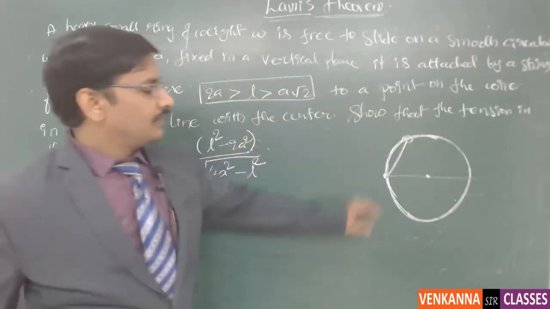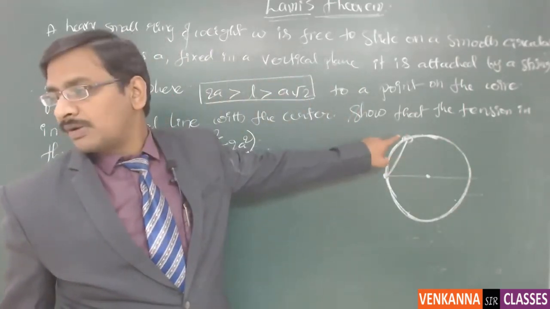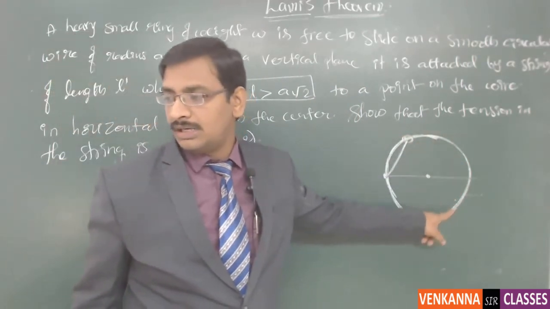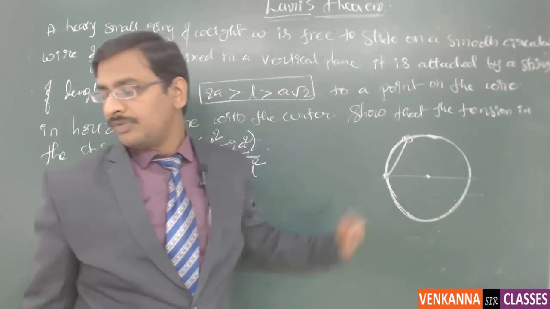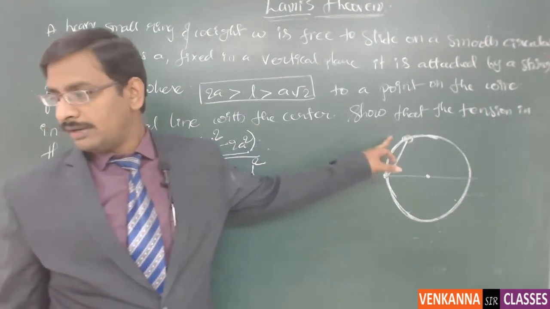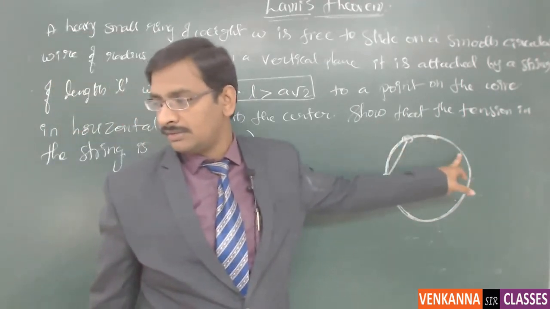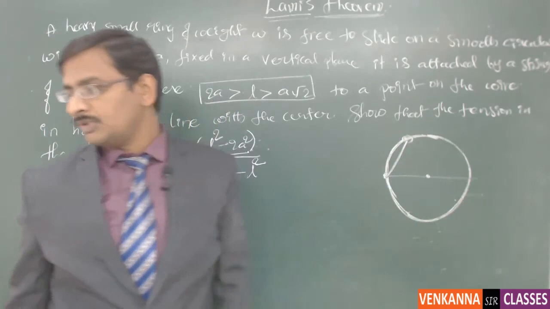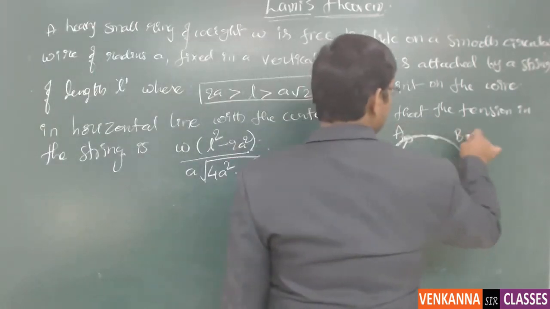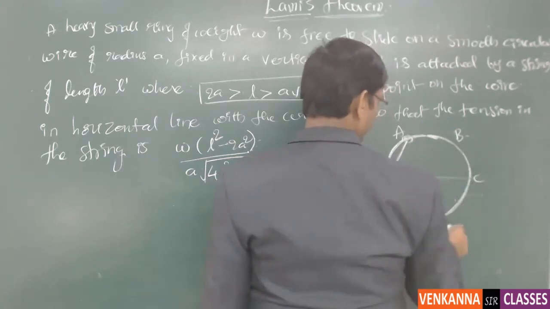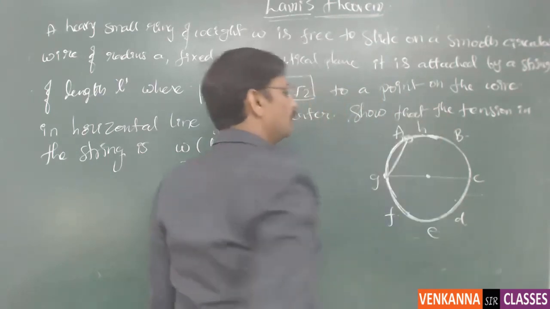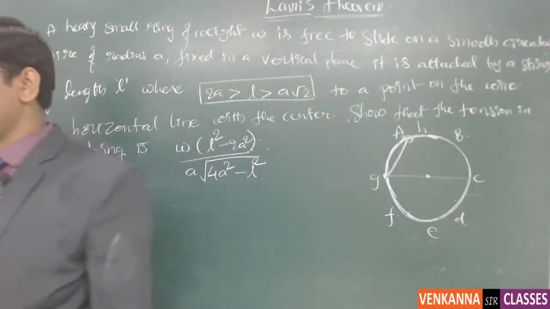Now where will this particular ring stop? Will it be here or here or here, or will it go here or here? Where will it be? Should I draw here, here or here? So I'll name it: this is A, this is B, and this is C, and this is D, E, F, G, H. So where should I draw that string?